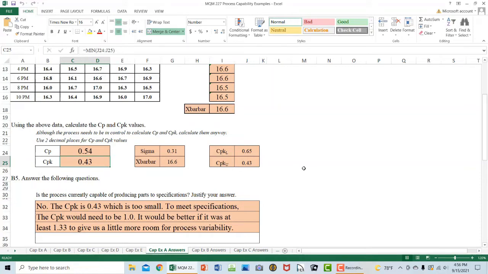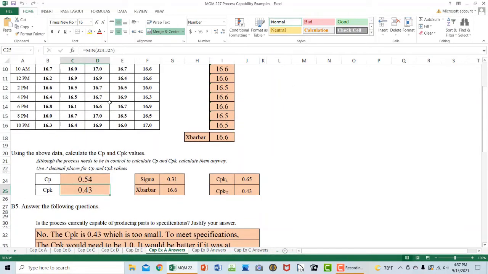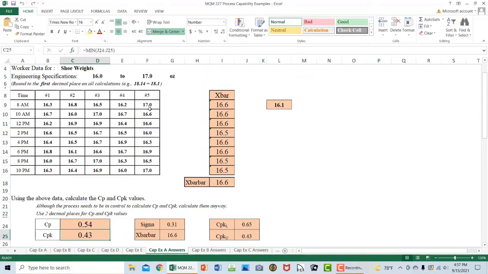So we basically use statistics to project, considering all the variation, and we can predict if there's a certain percentage of parts that are going to be out of specification. In the example we didn't have any, but we're only taking 5 measurements every hour, and we could be running 500 parts an hour, for example. So we're just taking a sample of it.